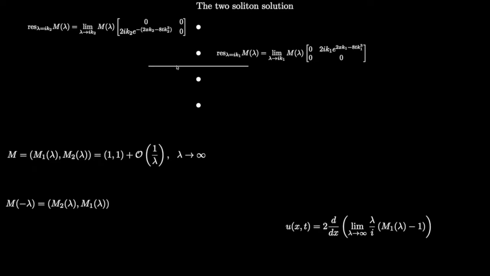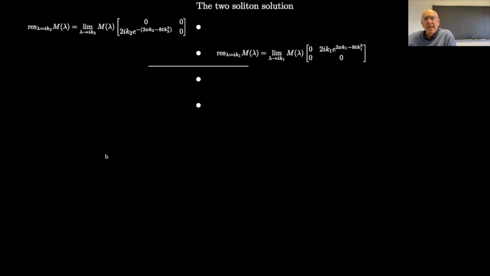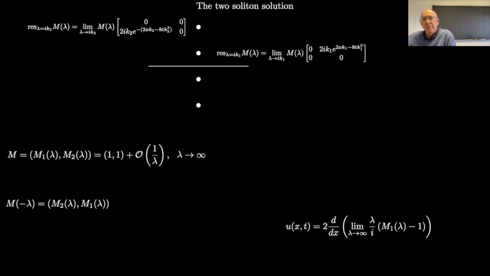Okay, so I start by describing for you a complex variables problem. Find M, which means find M1 and M2. It satisfies these conditions. It's meromorphic in the plane. The entries have poles at iK1 and iK2, and then at negative iK1 and negative iK2, and the row vector M has this asymptotic at infinity, 1, 1 plus a correction when lambda goes to infinity.